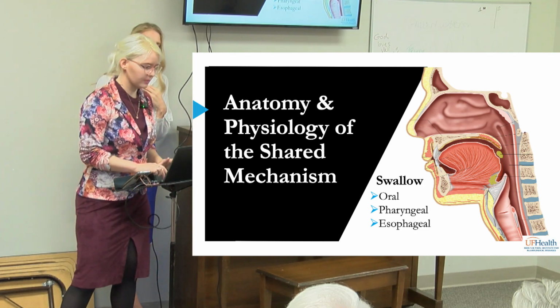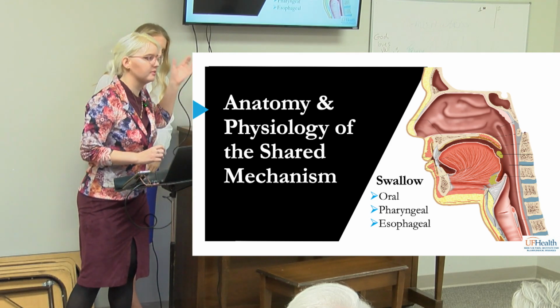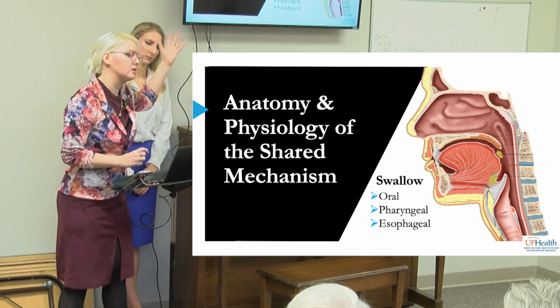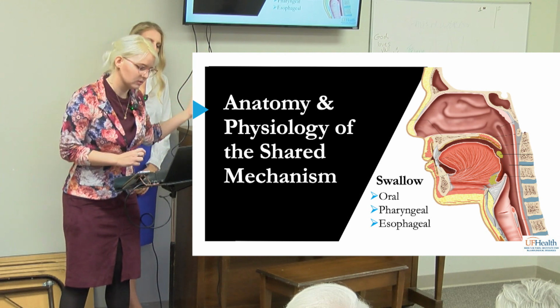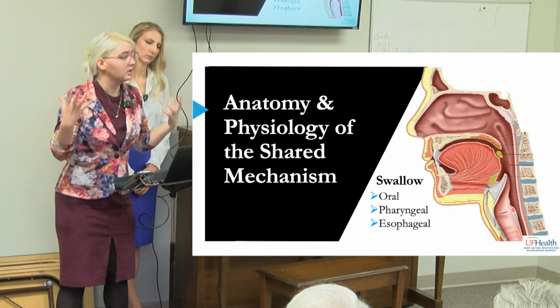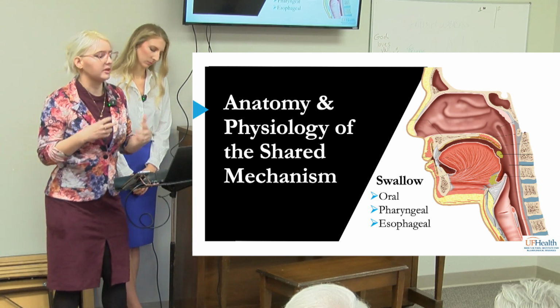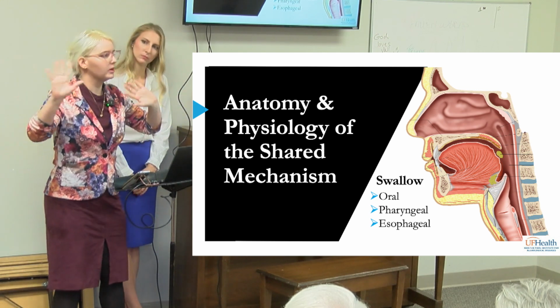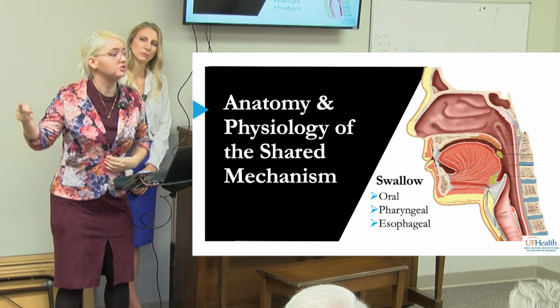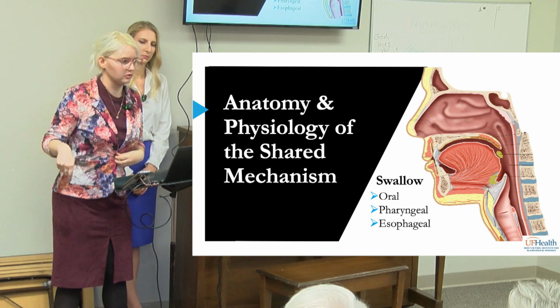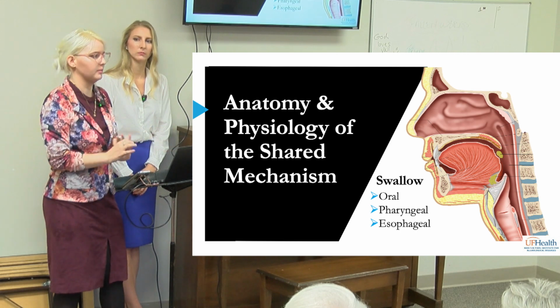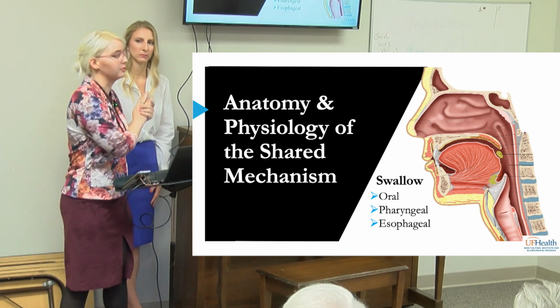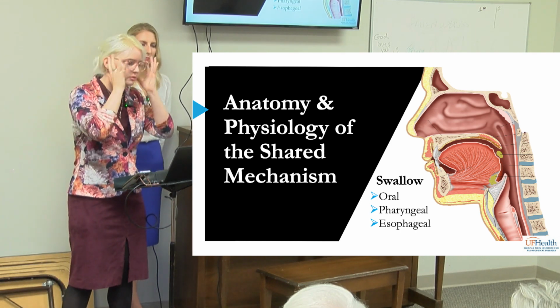As speech therapists, we can help evaluate and diagnose problems in the oral phase and the pharyngeal phase of the swallow. But if you do have esophageal symptoms like reflux, hiatal hernia, whatever you've got going on, that's going to be GI, gastroenterology, to do a more thorough examination of your esophagus, because, as we'll show you, we can really only see these 2 structures.